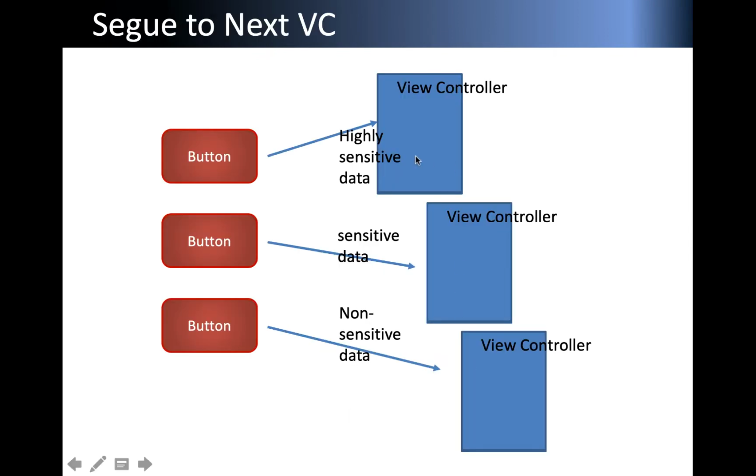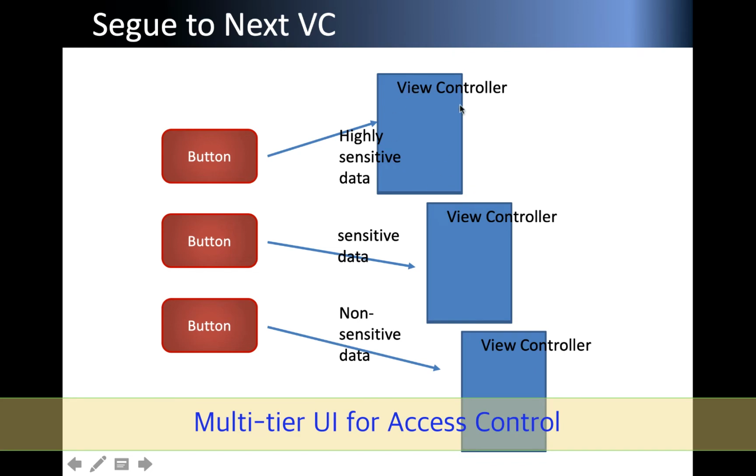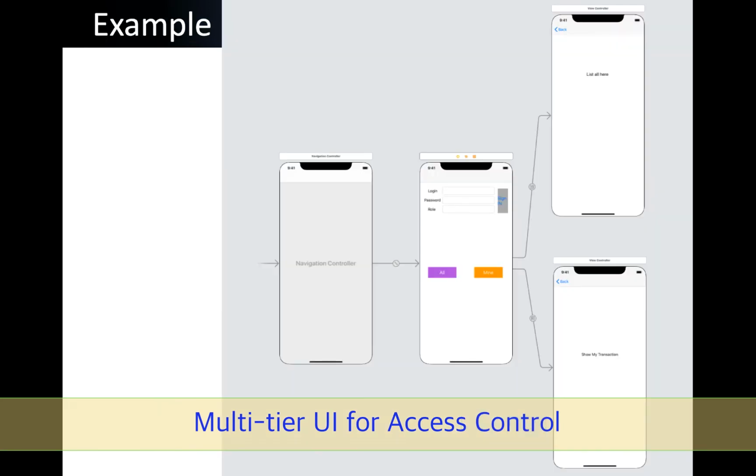Depending on the button, we may have separate view controllers. So this is the navigation controller, and this is our main view controller. If you have two buttons, then this one goes to that view controller, purple goes to another controller, and the orange button goes to another controller.